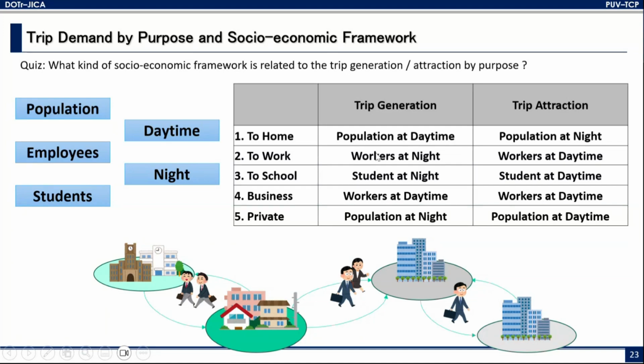Yeah, there is a huge trip generation demand where there are so many workers at night. And on the other hand, huge trip attractions to work can be estimated at the zone where there are a lot of workers at the daytime.